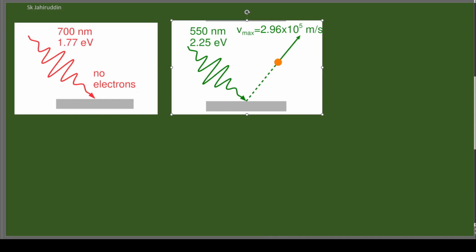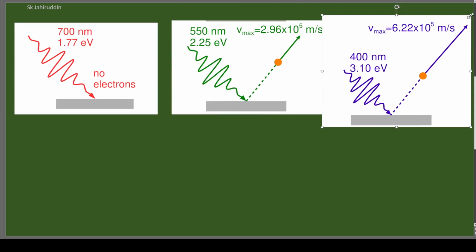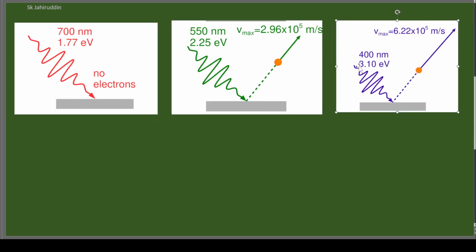Finally, if you apply violet light, whose wavelength is around 400 nanometer, it has 3.1 eV of energy, and that emits an electron with velocity 6.22 times 10 to the power 5 meter per second.